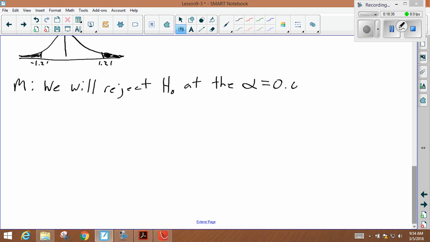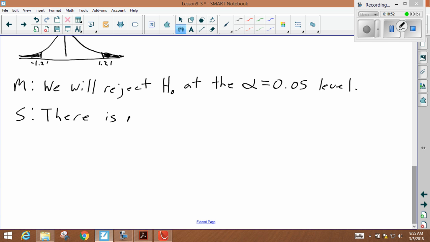Alpha equals 0.05. Okay. We'll state our answer in context.